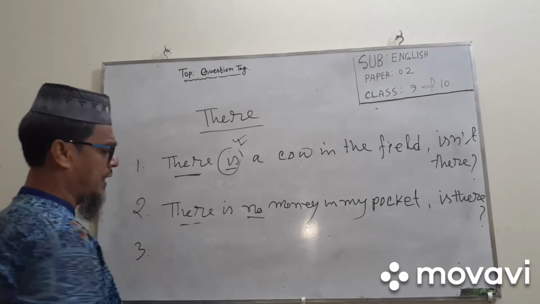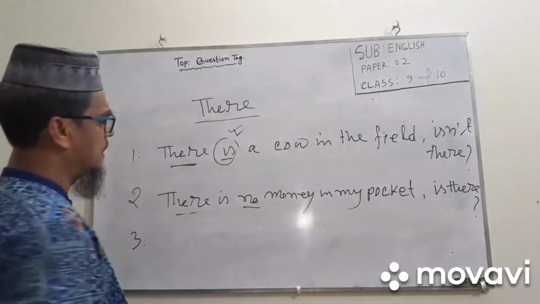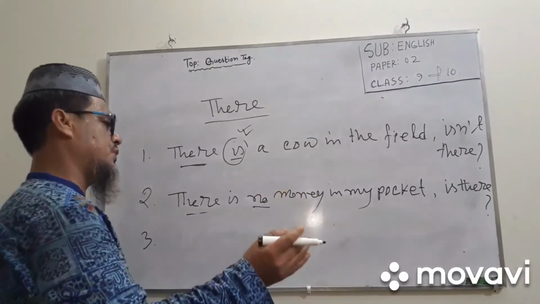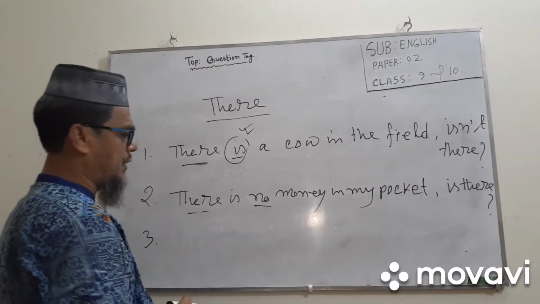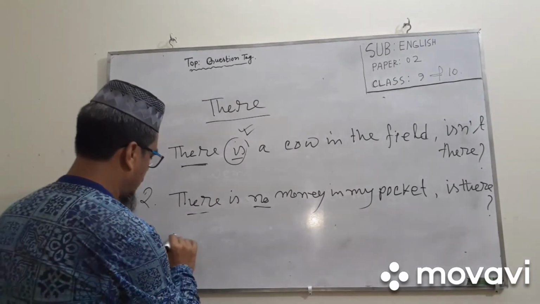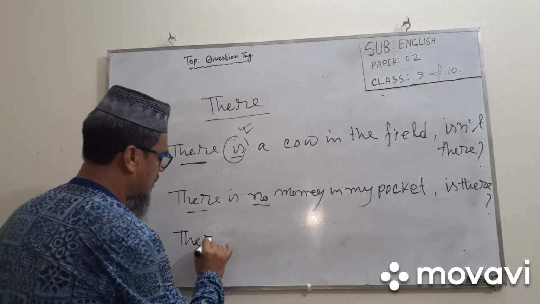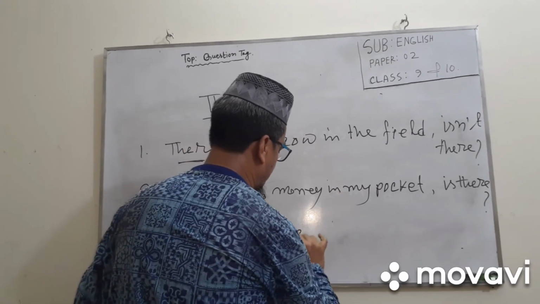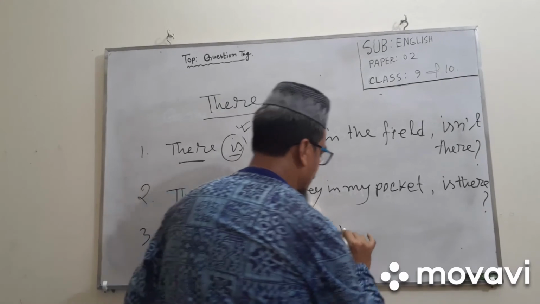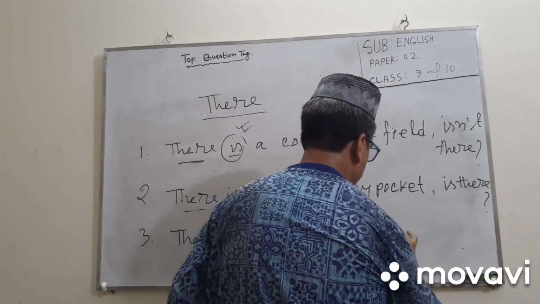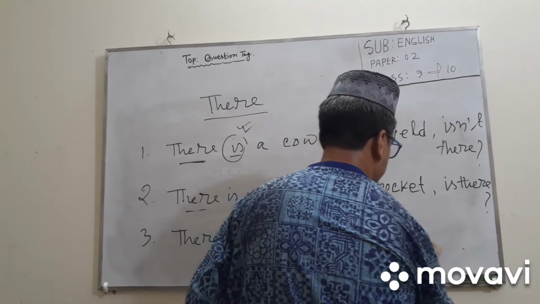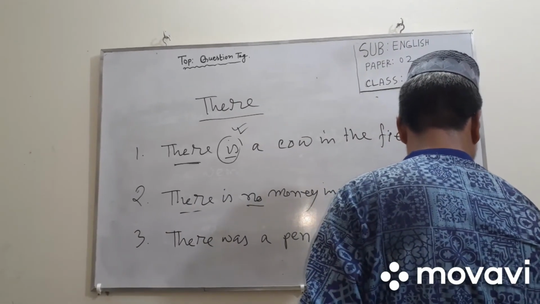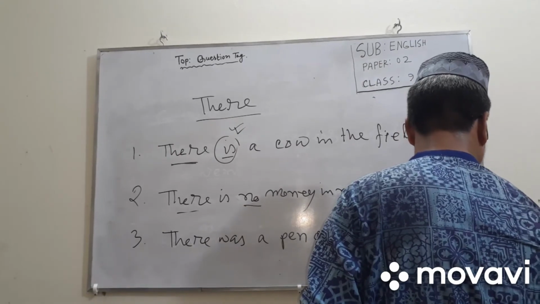But you should remember the operator which has been used in the sentence, you must use that operator, such as there was a pen on the table, wasn't there.